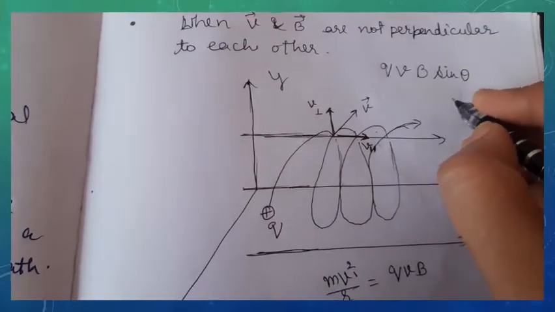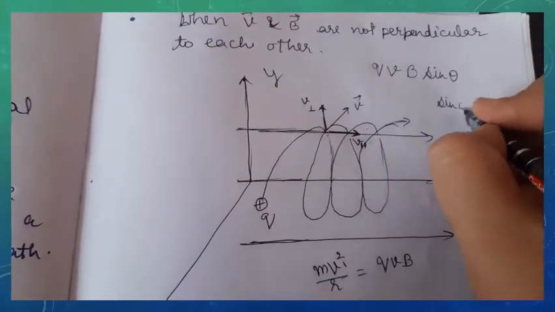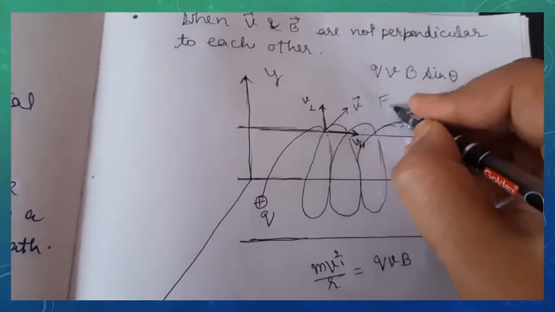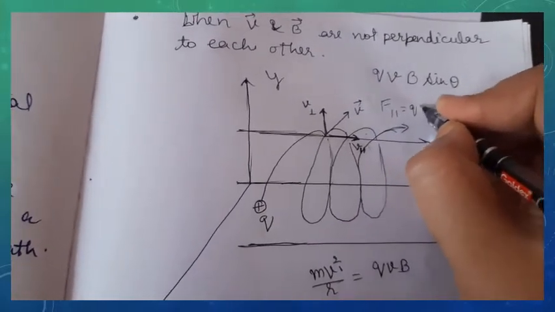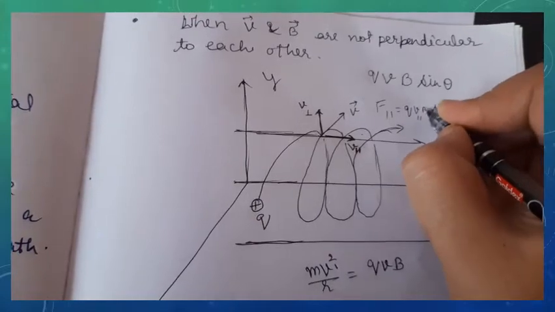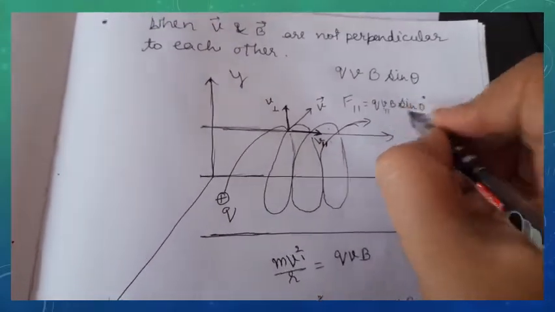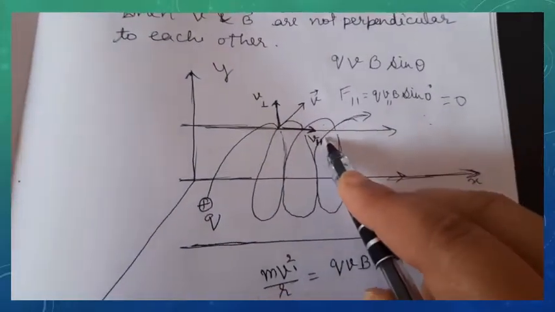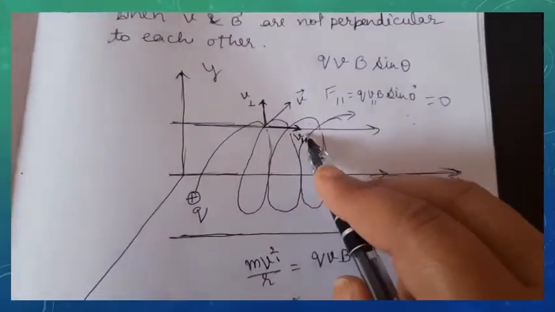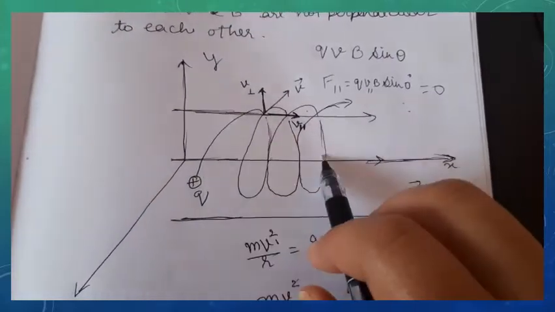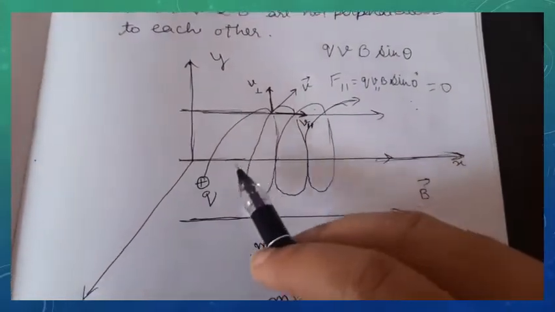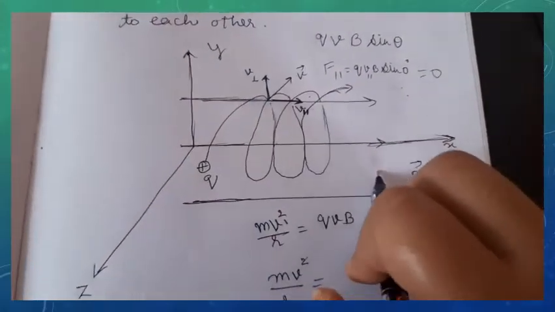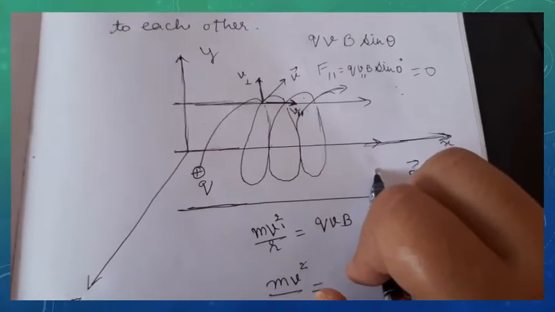So sin 0 will be 0, and the force on the parallel component will be 0. That means no force acts on the parallel component of velocity, so it keeps moving without any acceleration, with the same velocity as initial.